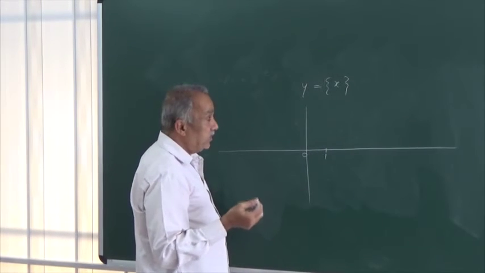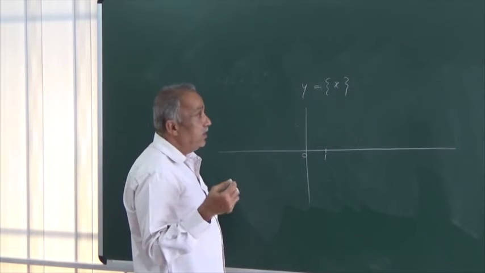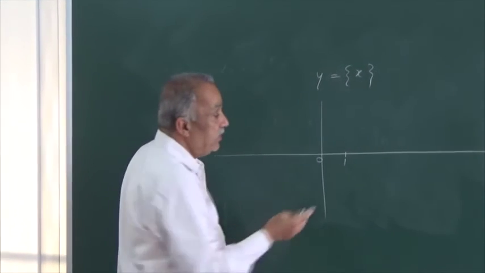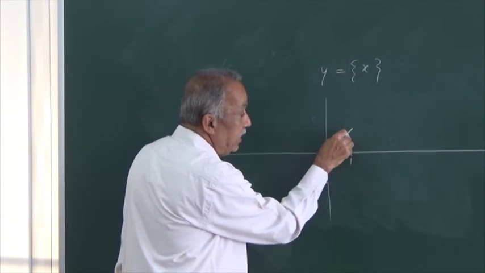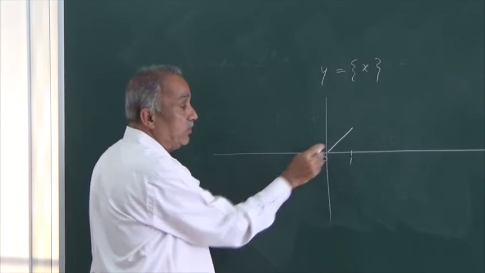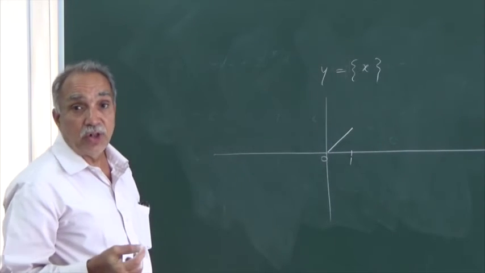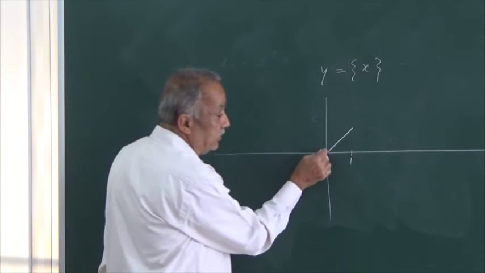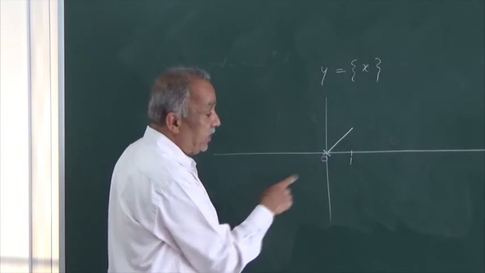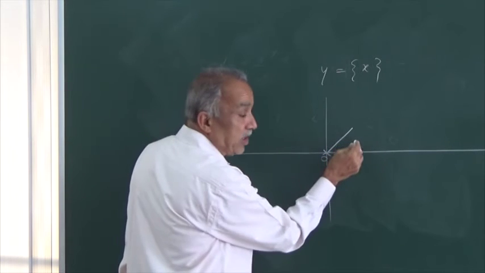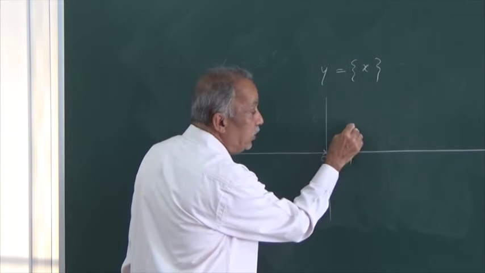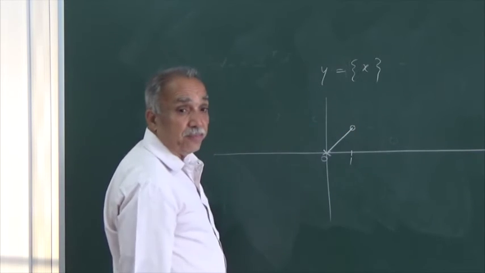Therefore, the function value will be x itself. Therefore, the graph will be a line segment of the line making 45 degrees with the x axis passing through origin, with this point included. Fractional part 0 is 0, fractional part 1 is not 1, it is 0, so this point is excluded.